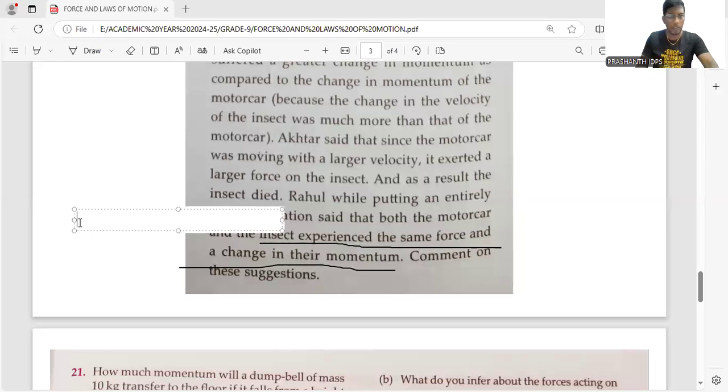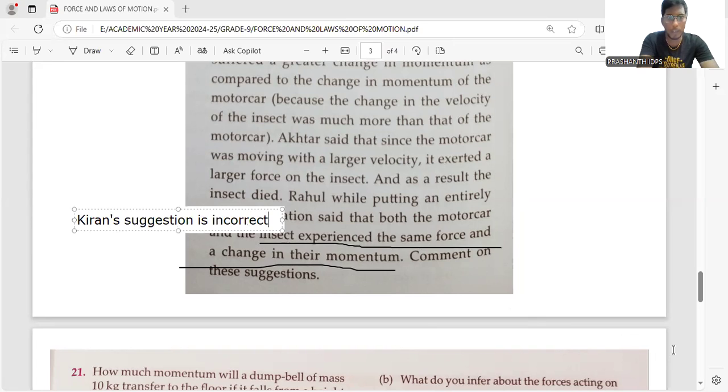Okay, I'll write the answer. First Kiran was talking, so Kiran's suggestion is incorrect.